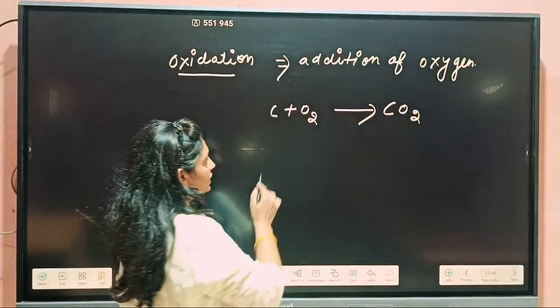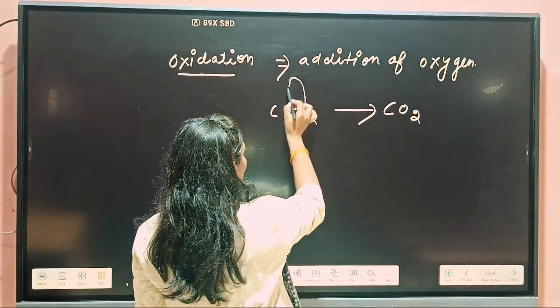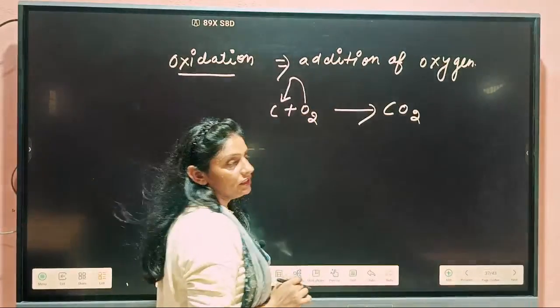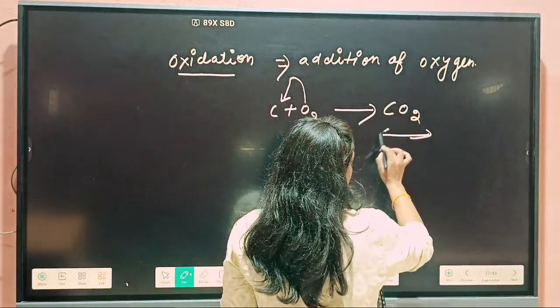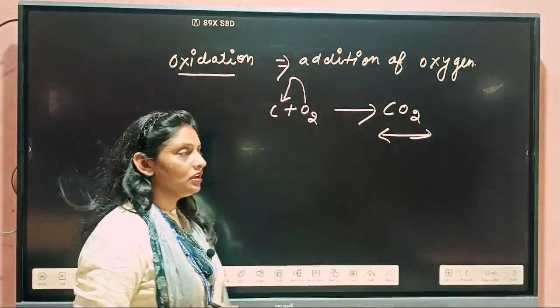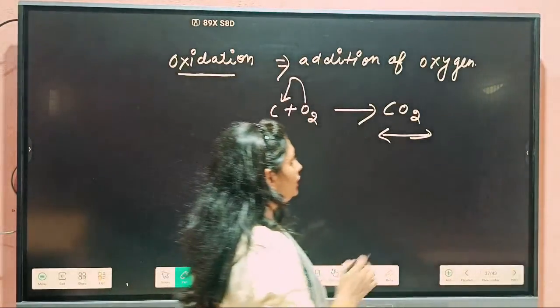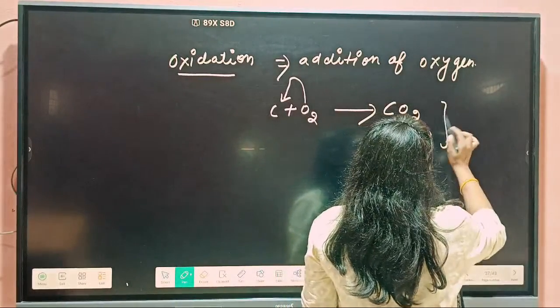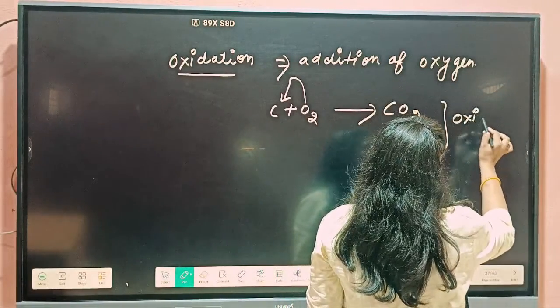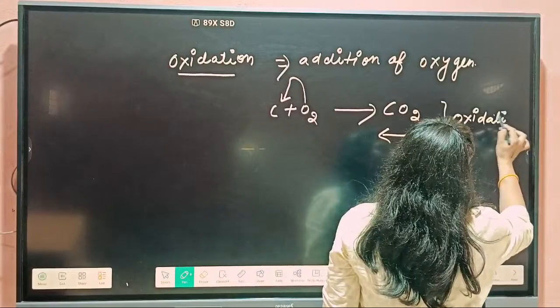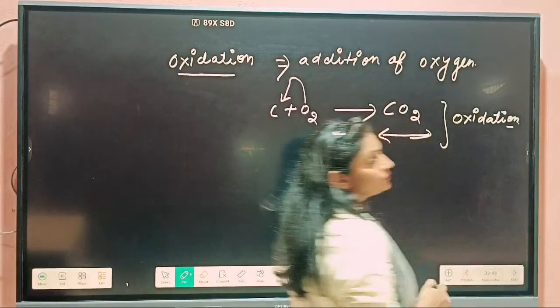So here you can see, oxygen is added to this carbon and it gives us carbon dioxide. So here addition of oxygen is taking place. So students, it is an example of the oxidation process.